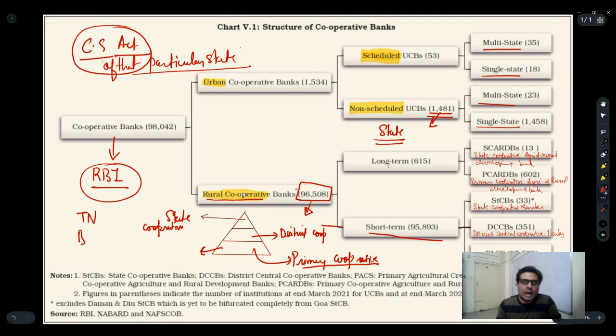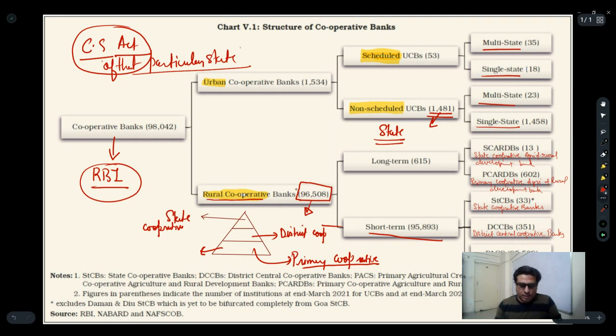So what I did, I have taken one PDF of a particular state, so I'll explain it from there only. But first, you should understand the basic things of this cooperative society structure for the short term. For the long term, I'll provide you another PDF. From there, I'll explain. Okay.